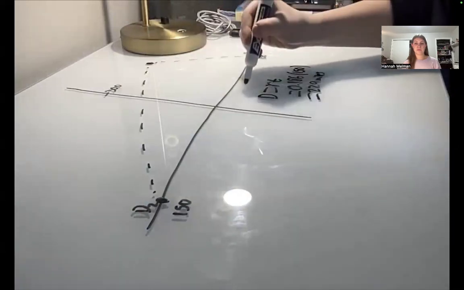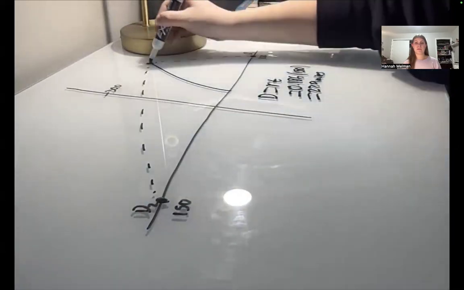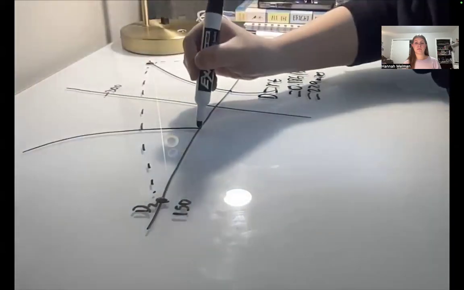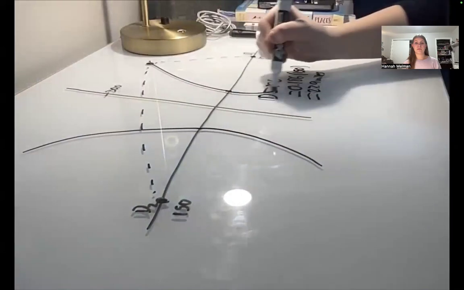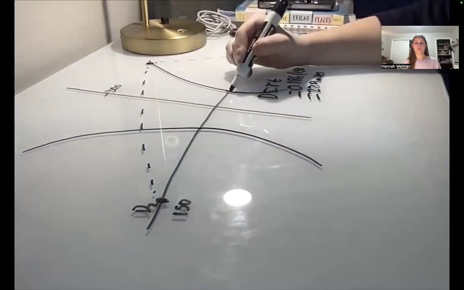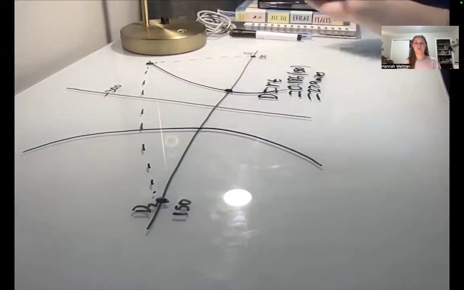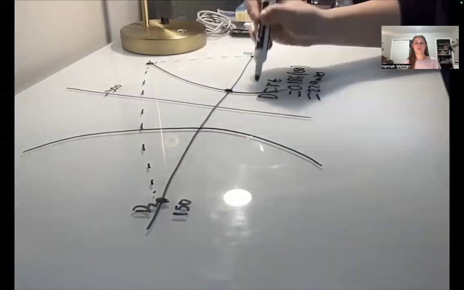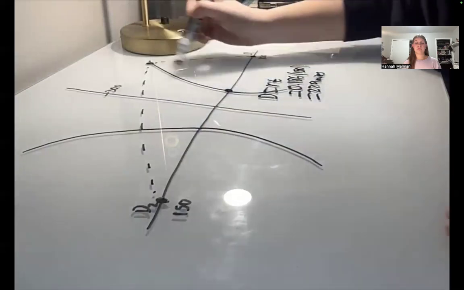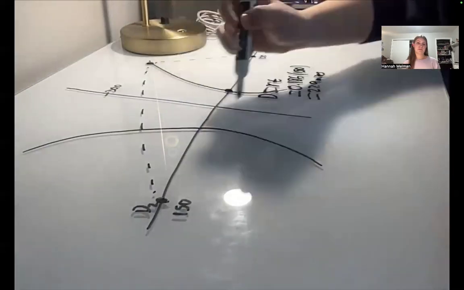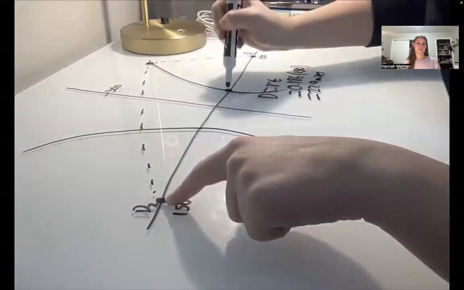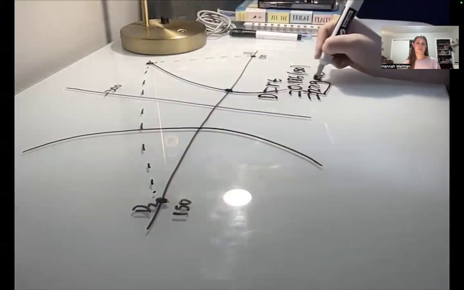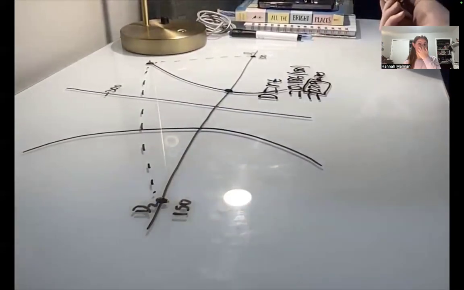Now, if we draw this hyperbola, and we use this point right here, we know that for all of the points on this hyperbola, the difference from D2 to that point minus D1 to that point is always going to be 27.9, always.